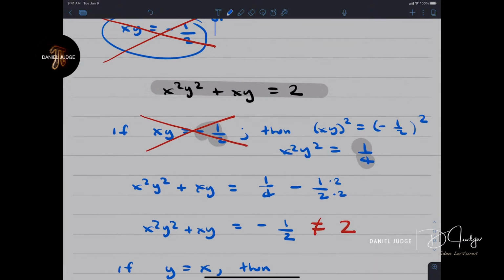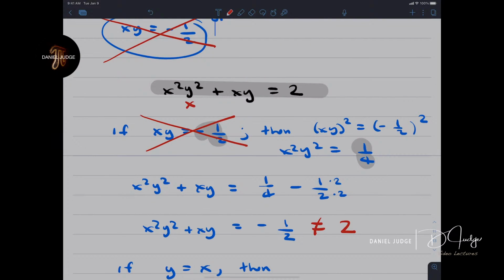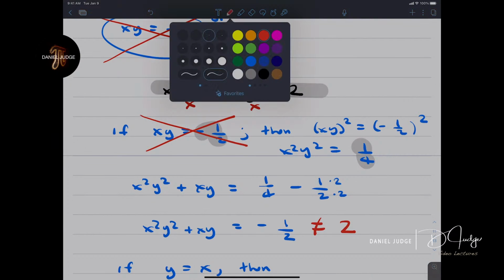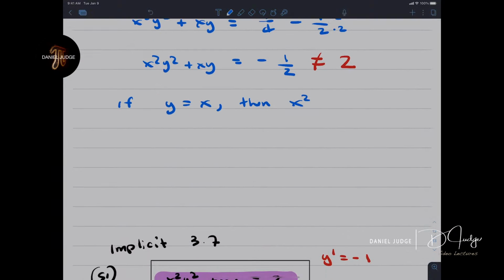In the original equation, wherever there's a y, replace it with an x. And what that gives you now is x squared times x squared equals... plus x squared equals 2. Algebraically, x to the fourth plus x squared is 2.